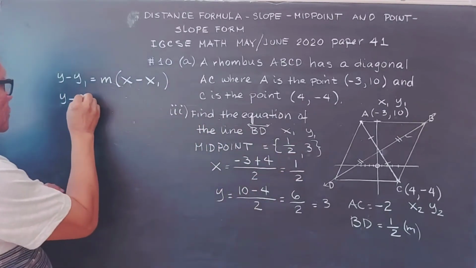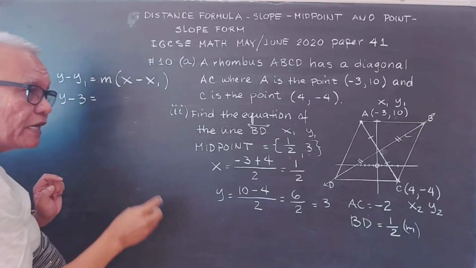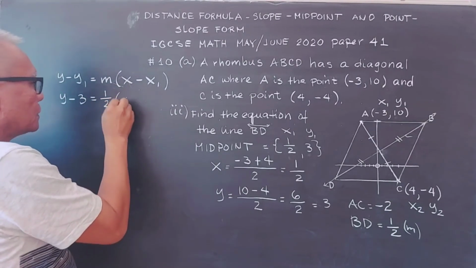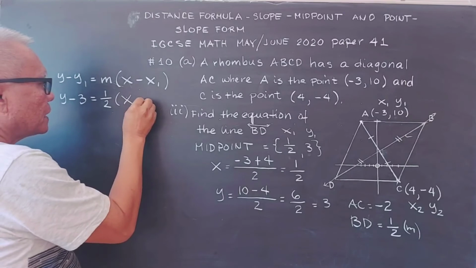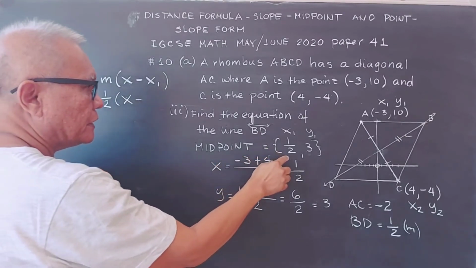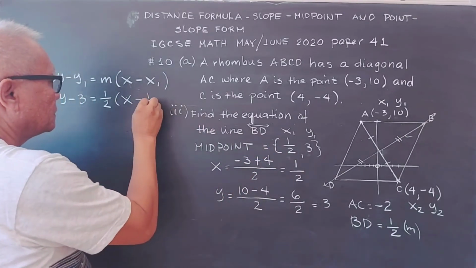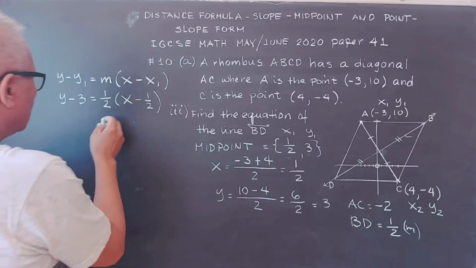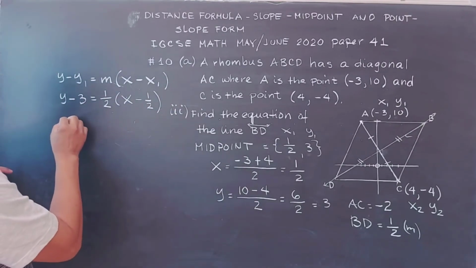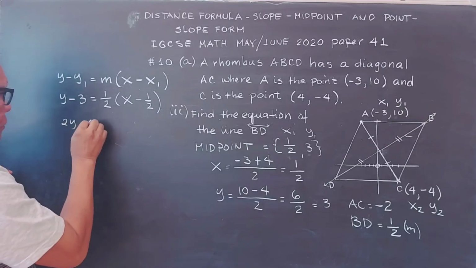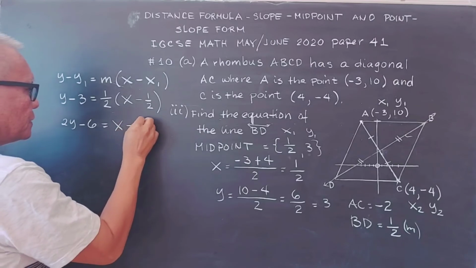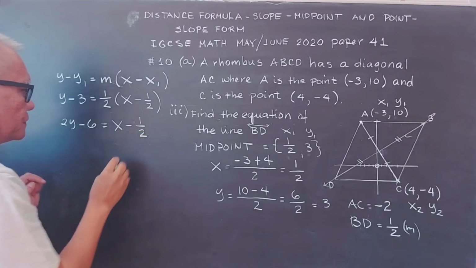So y minus 3, the m now is 1/2, the slope, times x minus x sub 1, which is 1/2. Now, we cross multiply. We have 2y minus 6 is equal to x minus 1/2.